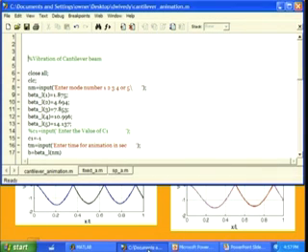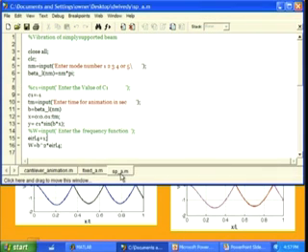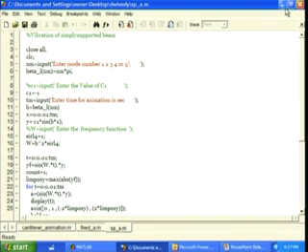This program is written for a simply supported beam. Here in this program I ask for the number of the mode, whether it is first, second, third or fourth, and the beta L value for the nth mode is known to us.